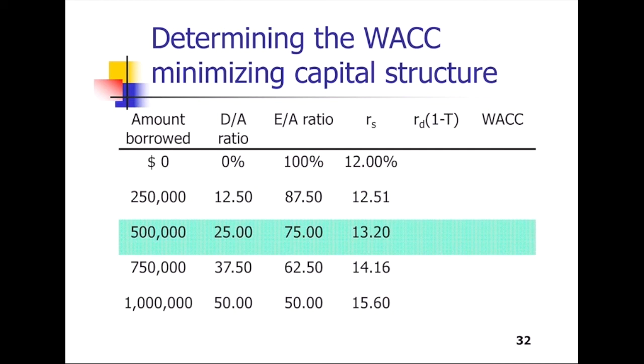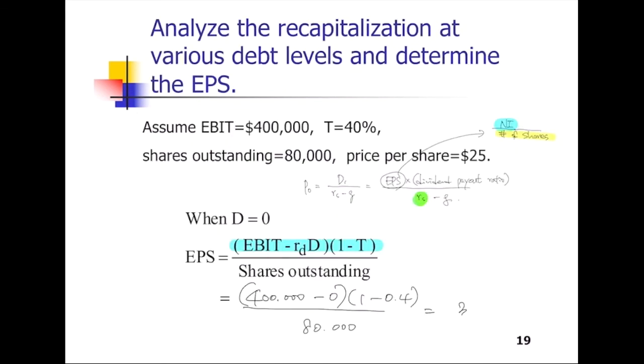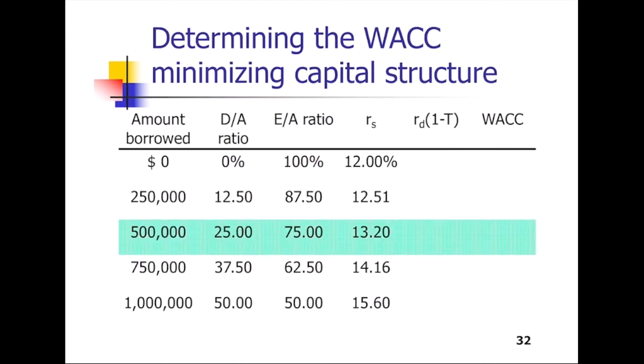So now you want to calculate this and this, and this number we already calculated at the previous slide. The first is no debt, so 0%.